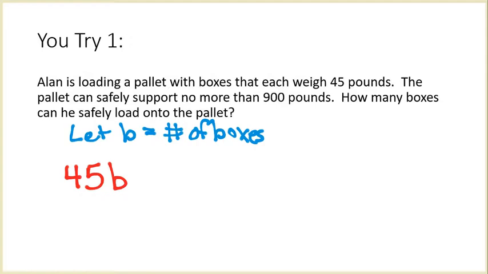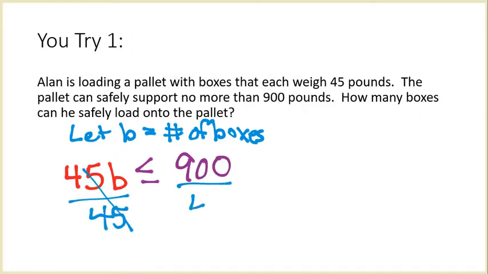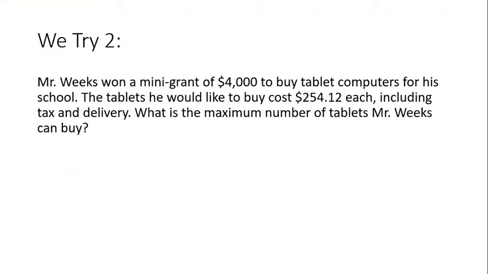And we know that it has to be less than or equal to 900 pounds. So some quick maths, and we can get B is less than or equal to 20. Which means Alan can put 20 or less boxes on the pallet. But that's what you found already. So let's take a look at this next one.